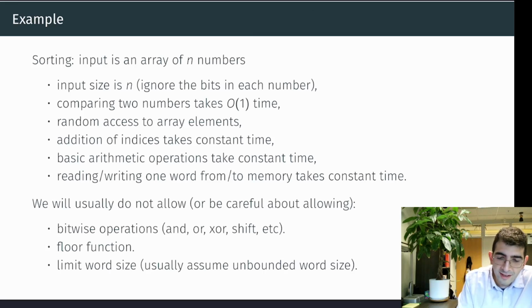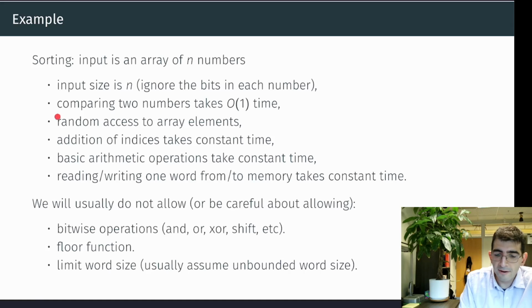So we say that the input size is n, and in this case, again, each number in the input is a word. So we don't count the number of bits. We don't say that inputs with huge numbers take longer than inputs with small numbers. That's an added complexity that doesn't really mean much. We just say if an input has n words and numbers, then it is of size n.